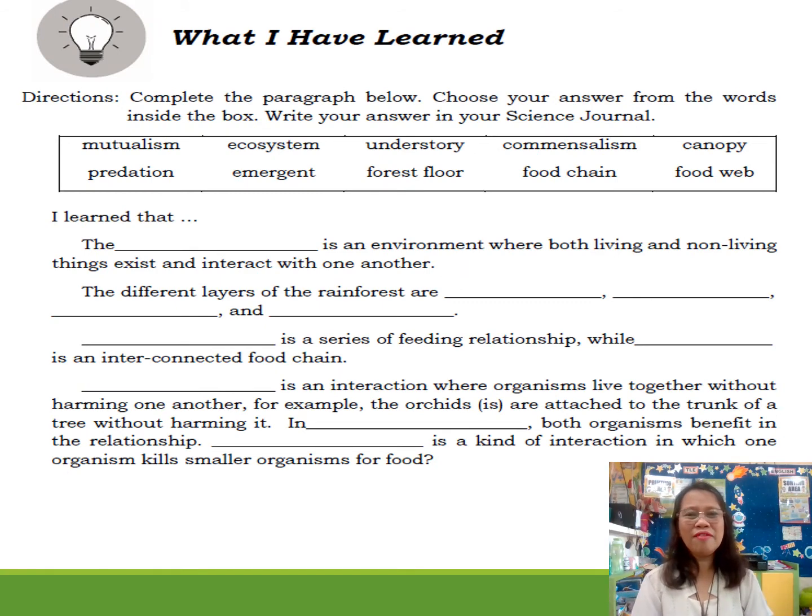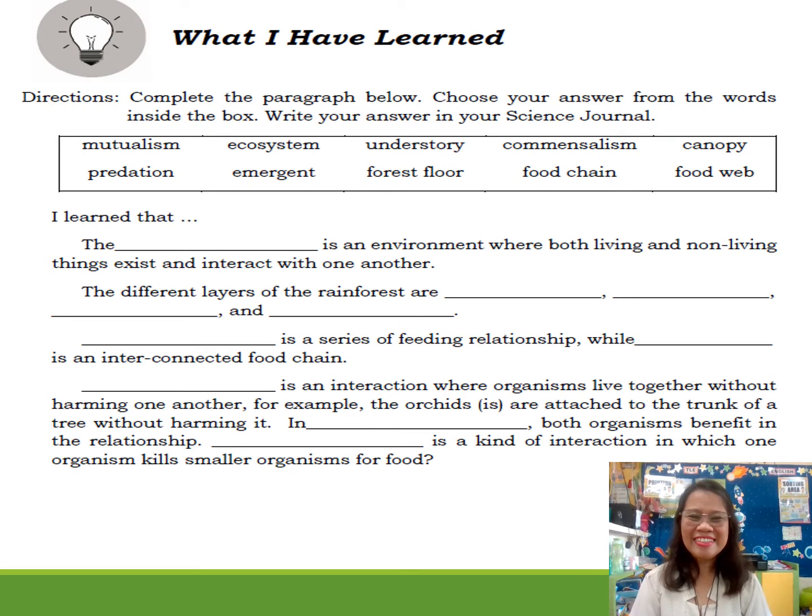Now, for what I have learned, you are going to complete the paragraph below. Choose your answer from the words inside the box. Write your answer in your science journal or on your answer sheets. Your choices are mutualism, ecosystem, understory, commensalism, canopy, predation, emergent, forest floor, food chain, and food web.